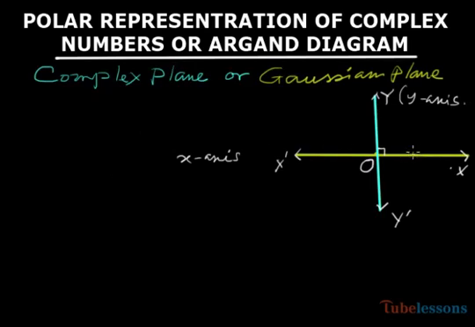We take a point A on X O X dash such that OA is equal to 1 unit.